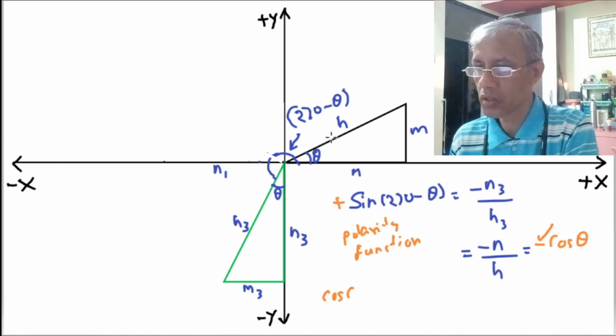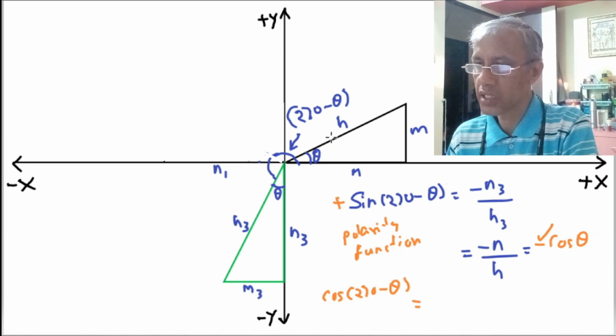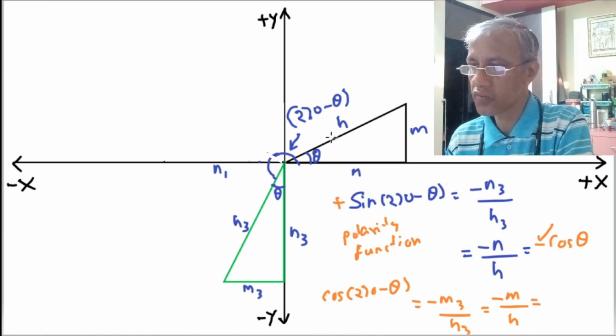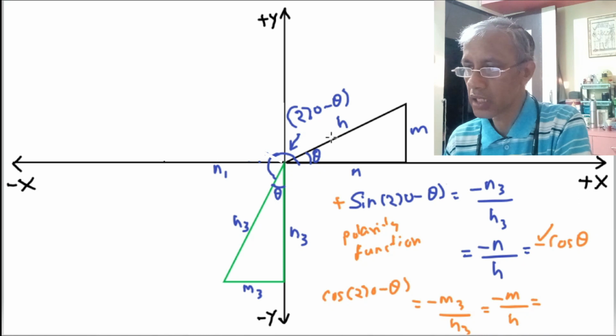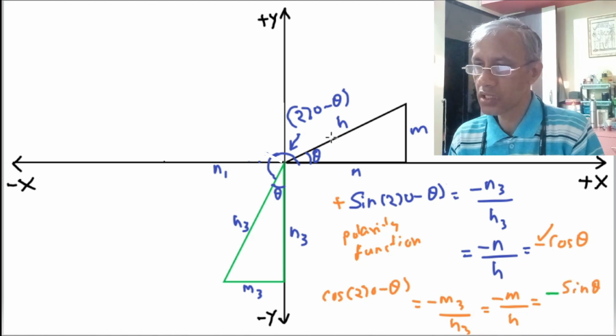Cos of 270 minus theta would be equal to minus m3 by h3, which is proportional to minus of m by h, and that is equal to sine function, of course with the negative polarity. So it is seen that the positive polarity got changed over to the negative polarity, and the cos function also got changed over to the sine function.